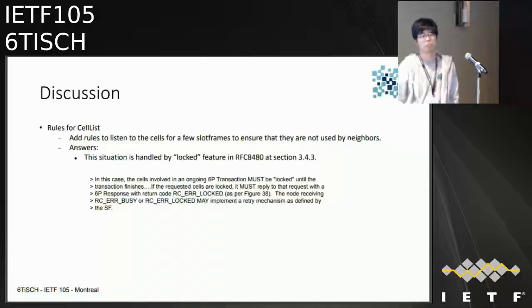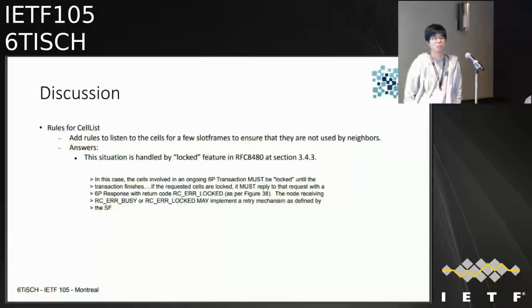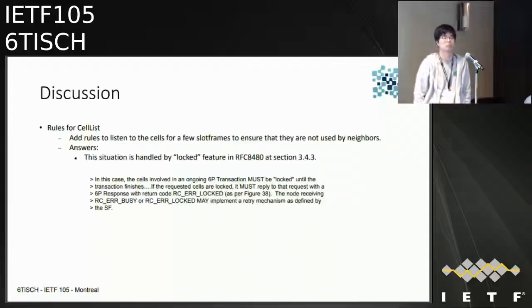I argue that in that case, before you allocate that cell, you should listen a little bit in advance to that cell in the previous iteration, using the normal CCA process. You just do the CCA window, you don't transmit anything, and you just assert that this cell seems not used, which we can call a proactive validation of the cell.